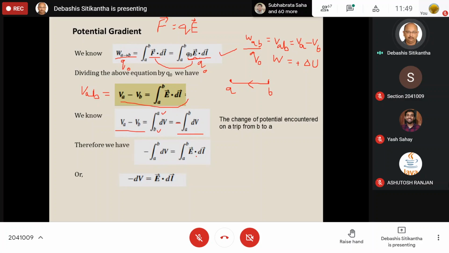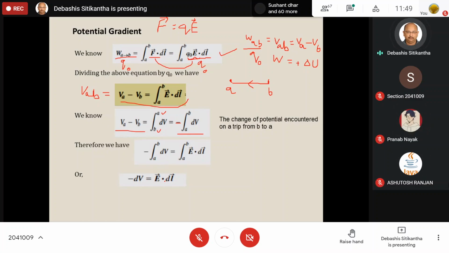So if we integrate these two and then differentiate, we are going to get minus dV is equal to E vector dot dL vector. Is there any doubt over here? Shall I move forward?